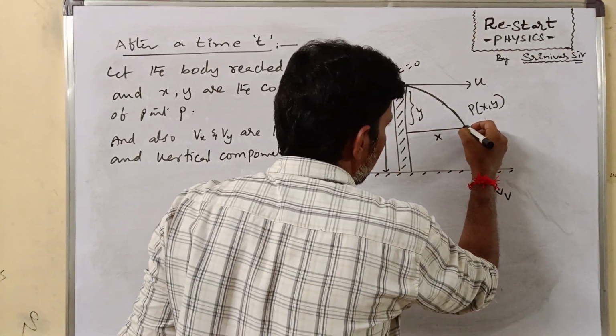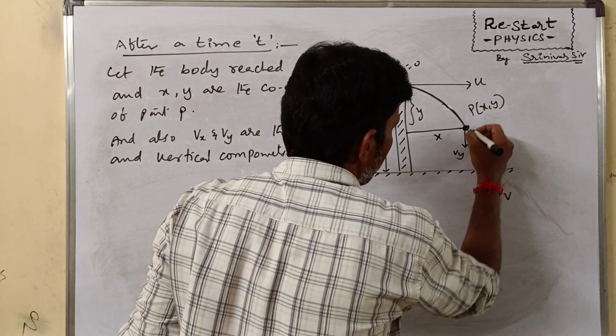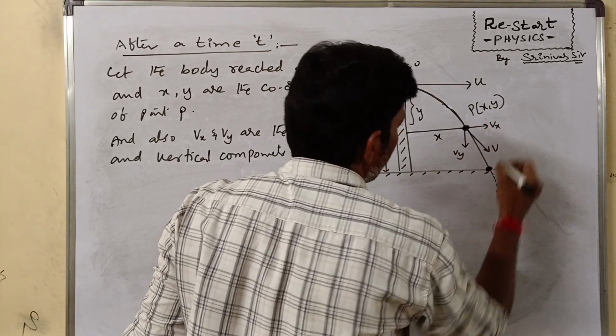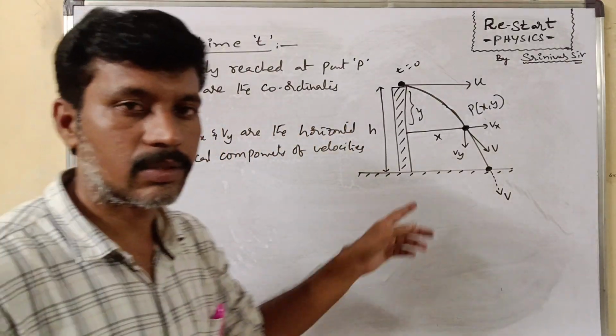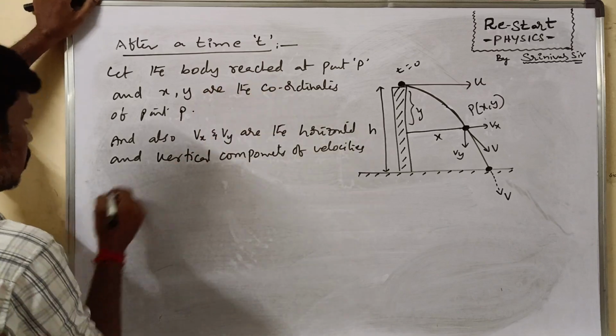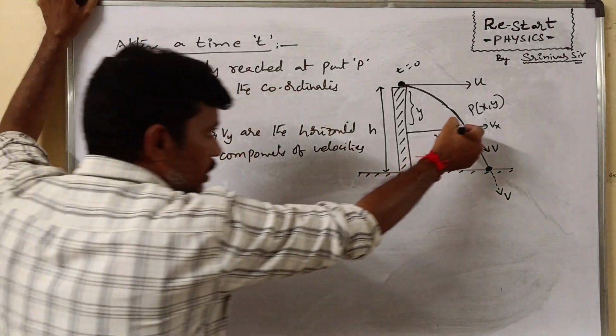Here, this is the Vy and this is the Vx and this is the V. Clear? Vx, Vy and V. So after a time t the particle is at this place.